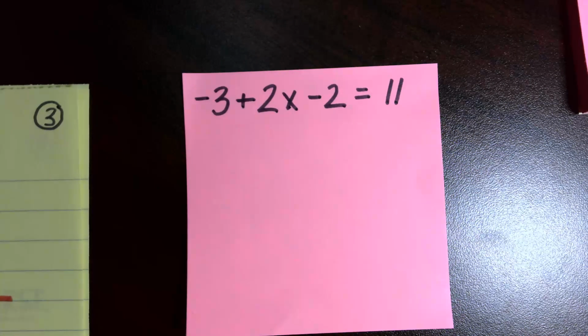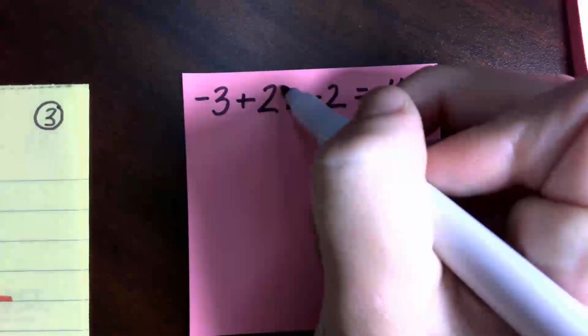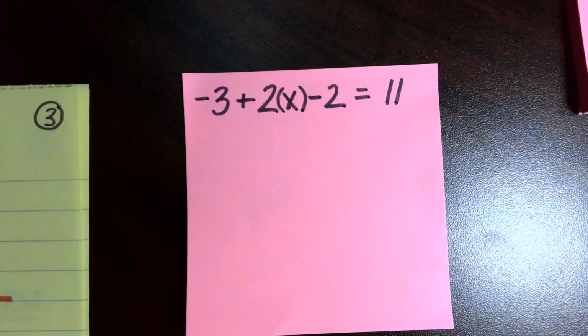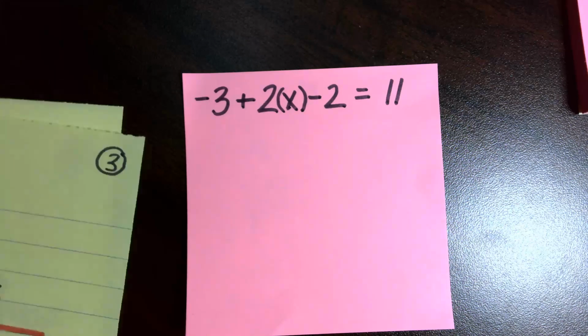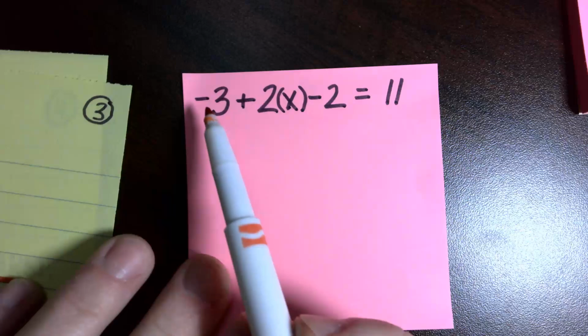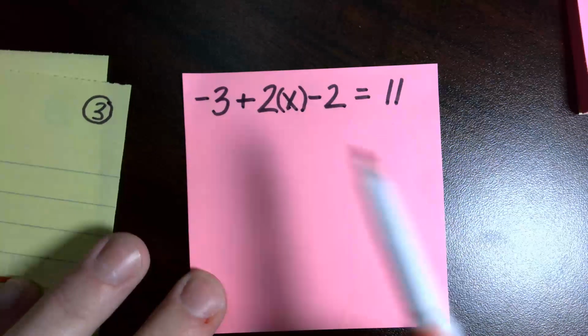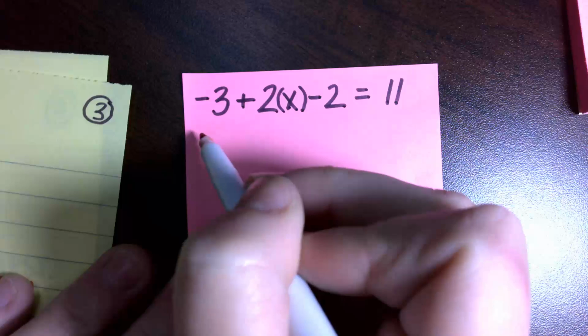So here is another practice problem. And I'll put this in parentheses just so you know that that is multiplication. We are trying to separate 2 from x eventually. What is my first step here? Yeah, I could either get rid of the -3 or the -2. It doesn't matter. I heard you guys say 3, so let's do that first.